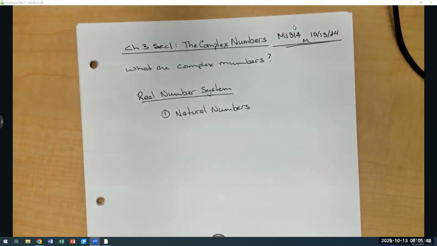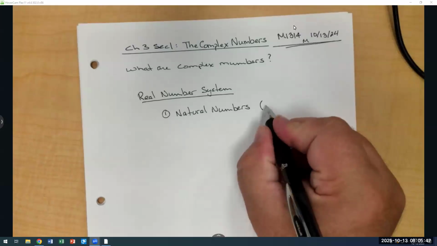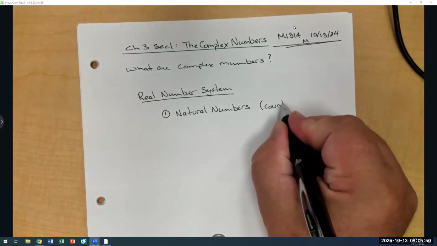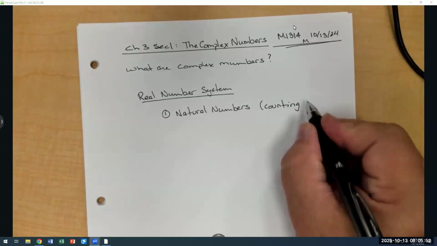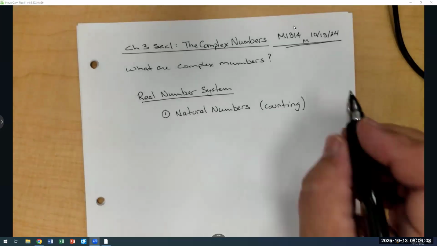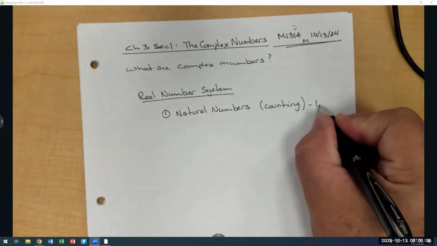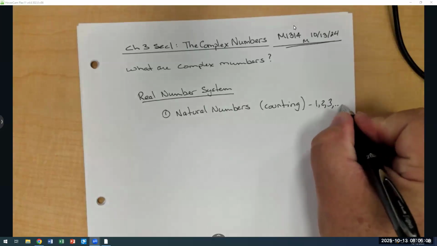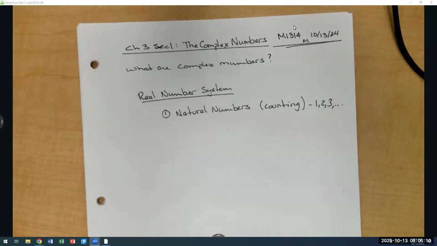The first type of numbers we talked about were called natural numbers, or commonly called the counting numbers. When you play a game and somebody asks you to start counting, you start with what? 1, 2, 3. That's what natural numbers are. Okay, then we developed another number set at that point.